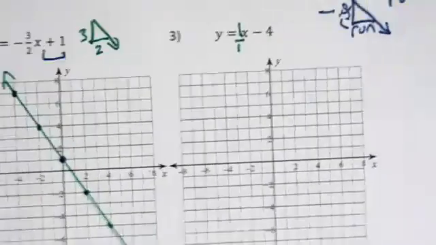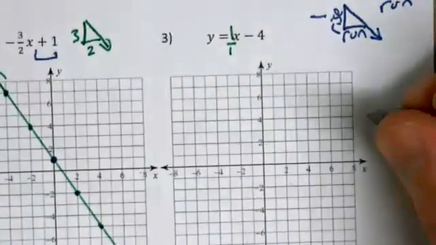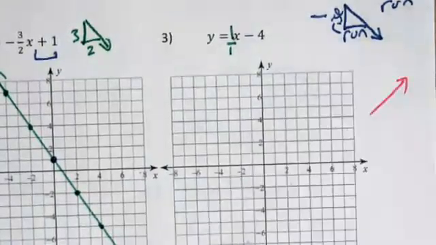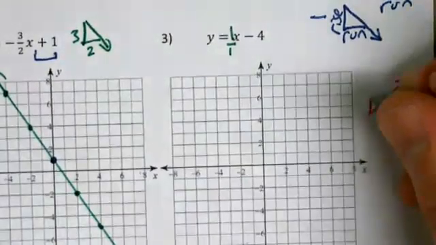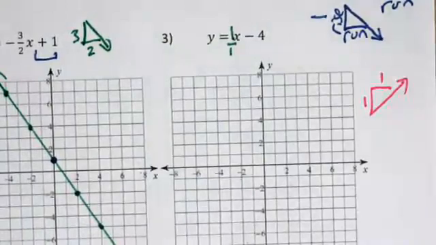And it's a positive slope, so I'm expecting this time when I draw my line that I'm going uphill, like the first one that we did, because it's a positive slope. And when I do my rise and run, it'll be 1 over 1. So up 1 over 1.